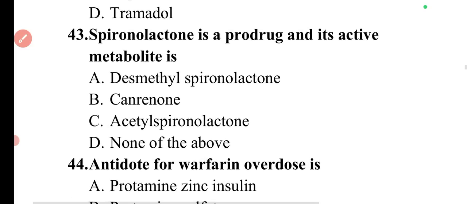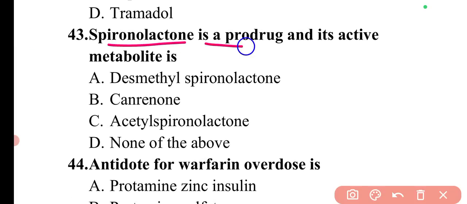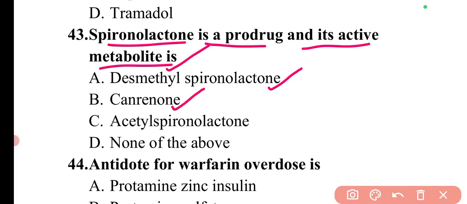Next question is, spironolactone is a prodrug and its active metabolite is, options are desmethylspironolactone, canrenone, acetylspironolactone, or none of the above. And the correct answer is option number B, canrenone.